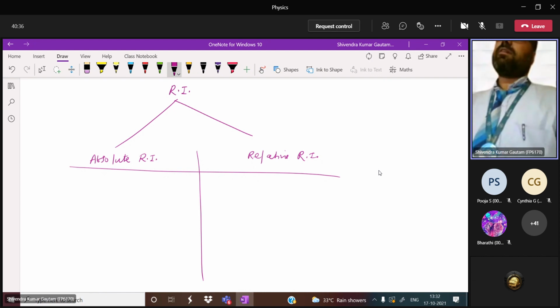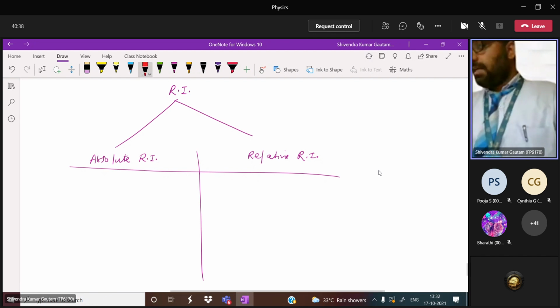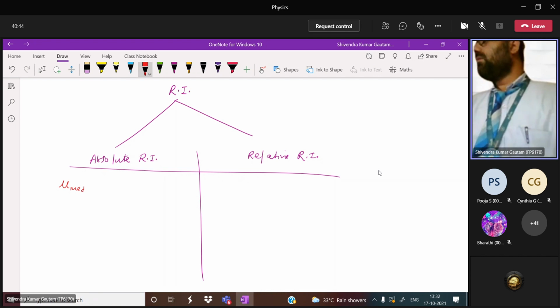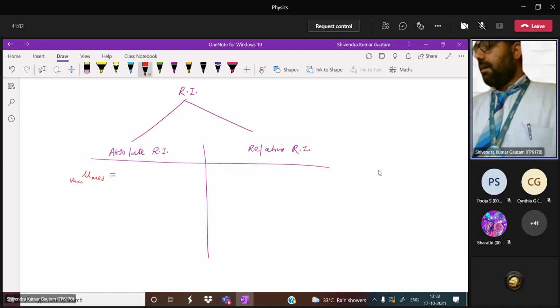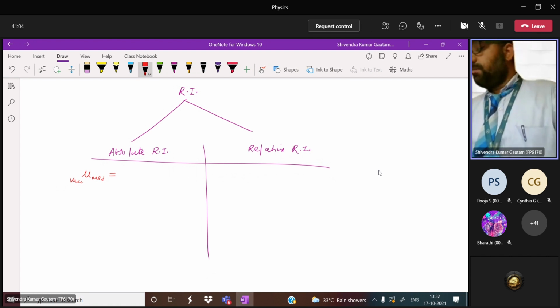One medium is fixed, that is vacuum. The notation for this is mu medium, mu vacuum, which we can also write as mu medium divided by mu vacuum.